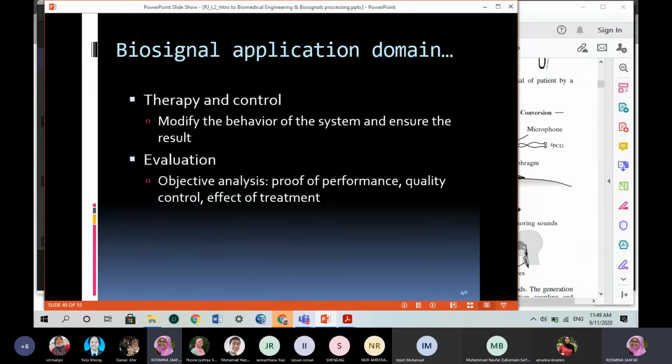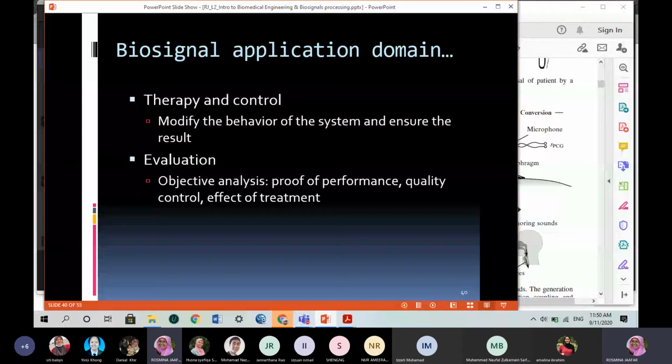Therapy and control, you modify the behavior of the systems and then you ensure the results. That is for therapy and control application. And the 5th application domain or objective is evaluation, the objective analysis, proof of performance, quality control, and the effect of treatment.